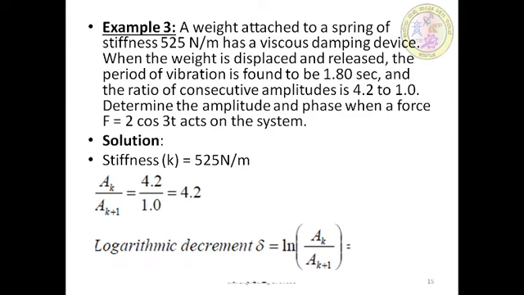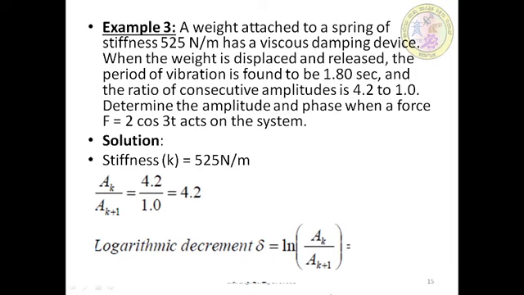Here the stiffness K is given as 525 Newton per meter, and two successive amplitude ratios are given as 4.2 to 1. With two successive amplitudes and damping present, we use the logarithmic decrement: delta is equal to ln of the ratio.